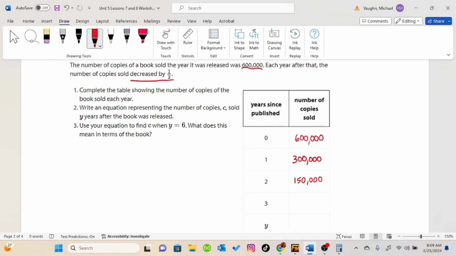A year later, 150,000 times 1/2 would be 75,000. And for some unknown number of years, we would simply take the original 600,000 and multiply that by 1/2 to the power of y, the number of years since it was published.